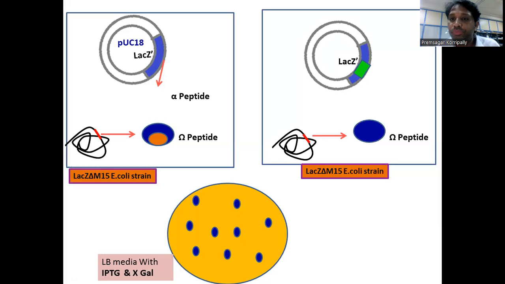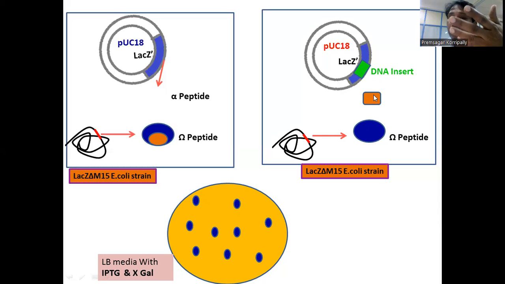So when the LacZ prime region is disturbed with the insertion of your gene of interest or a DNA fragment, then what will happen? The alpha peptide may not be produced from this one, or it may be produced with a different configuration or conformation.